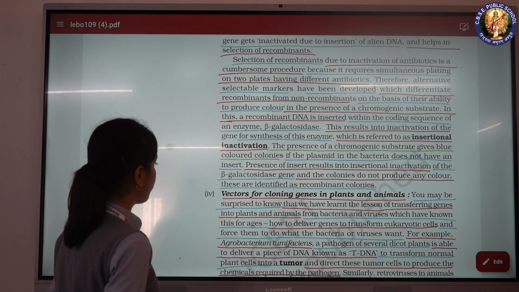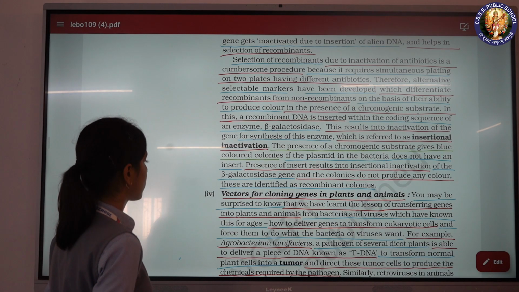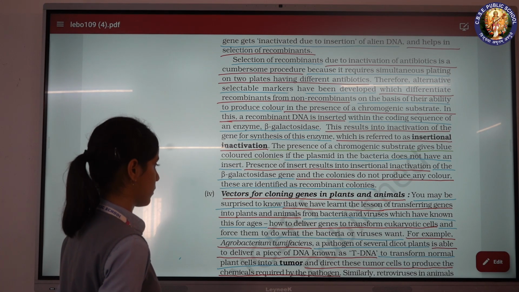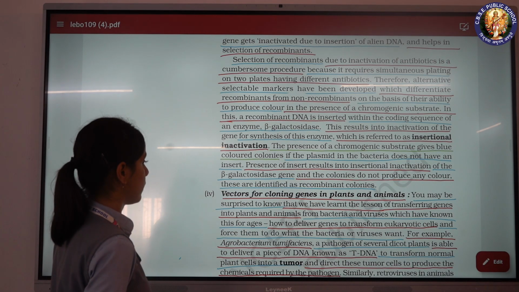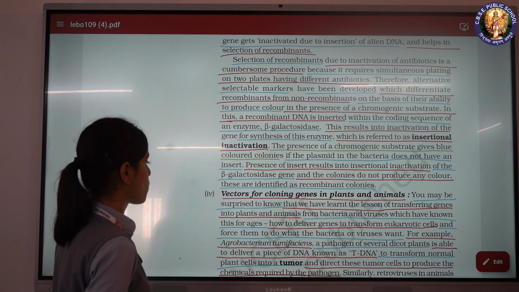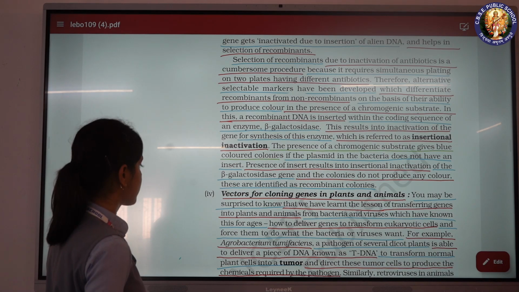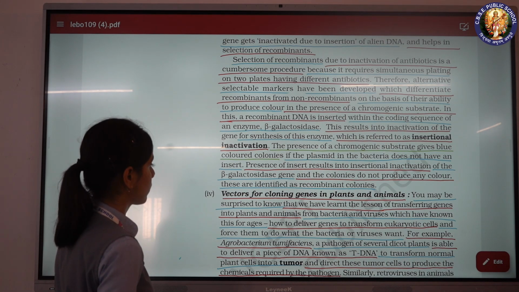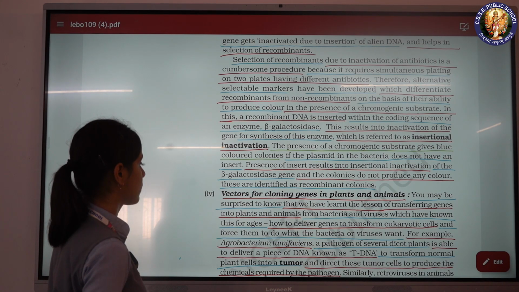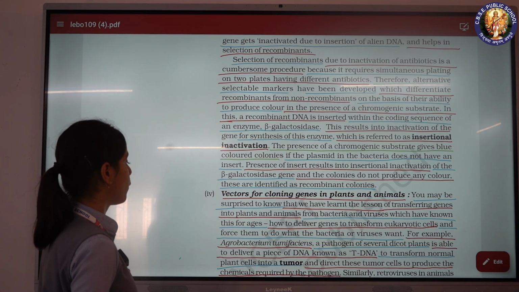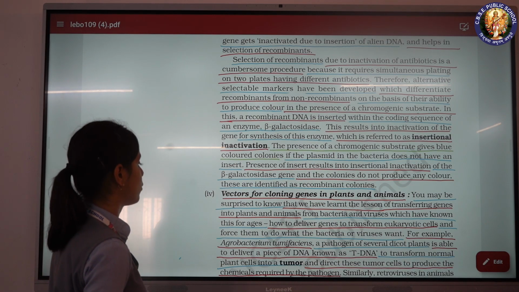For example, Agrobacterium tumefaciens, a pathogen of several dicot plants, is able to deliver a piece of DNA known as T-DNA to transform normal plant cells into a tumor and direct these tumor cells to produce the chemical required by the pathogen.